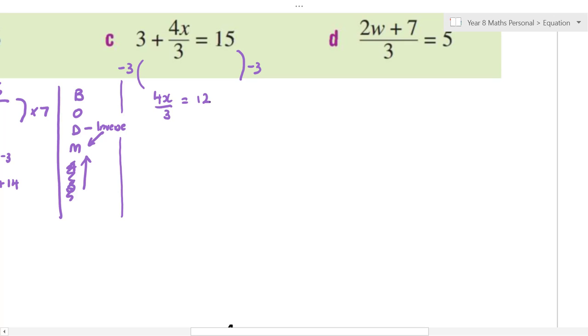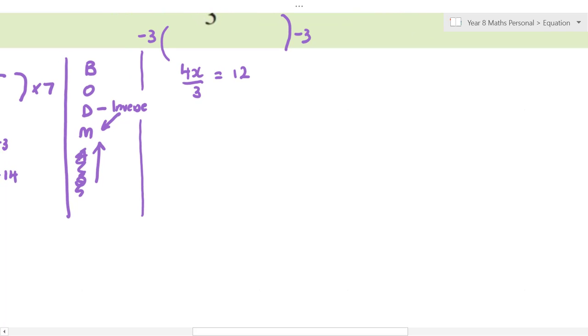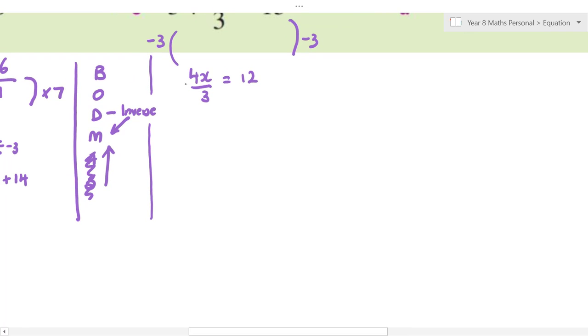Now we will get to 4 and 5-step problems, I'm pretty sure. But for the time being, now we've got this. Now we're going to stick to the same method. Emma, what's happening to x? We're doing what to x at the moment? On the left-hand side, what's happening to x? It's multiplied by? Okay, so it's multiplied by 4 and it's divided by 3.